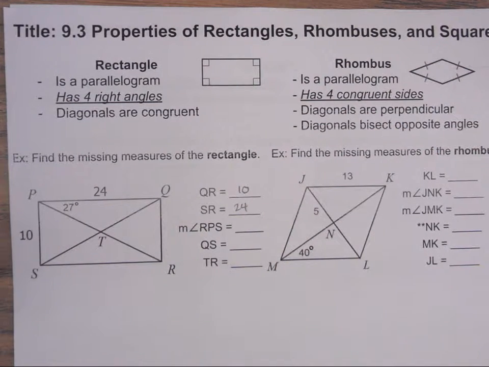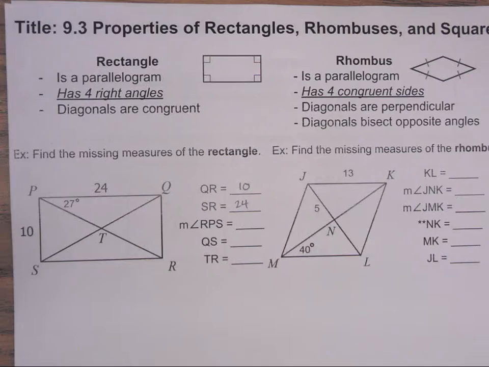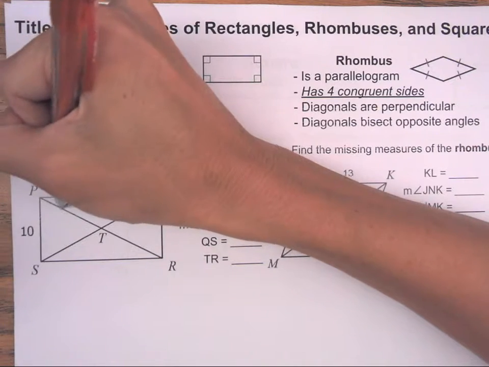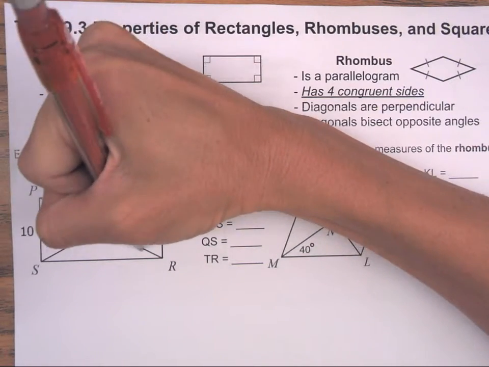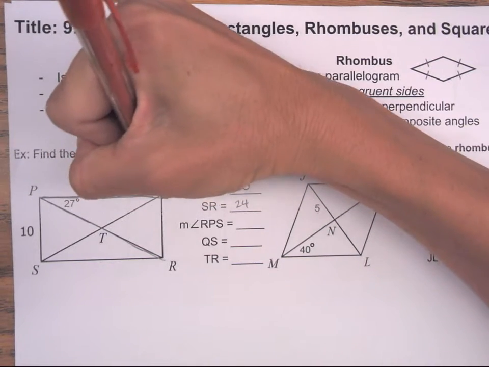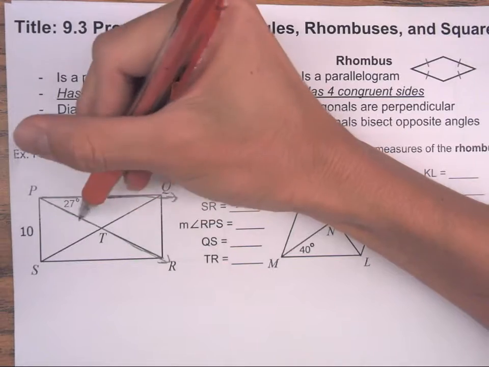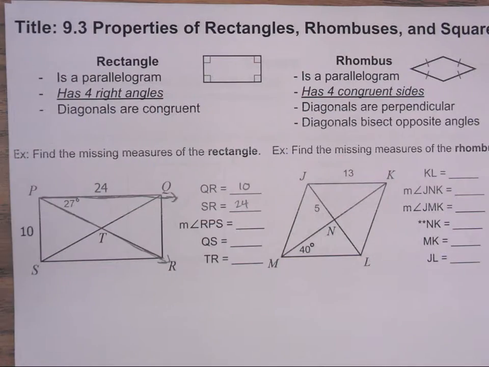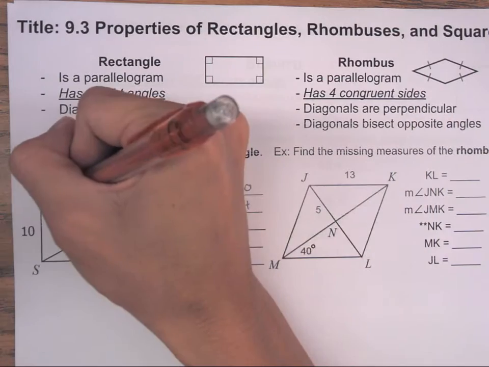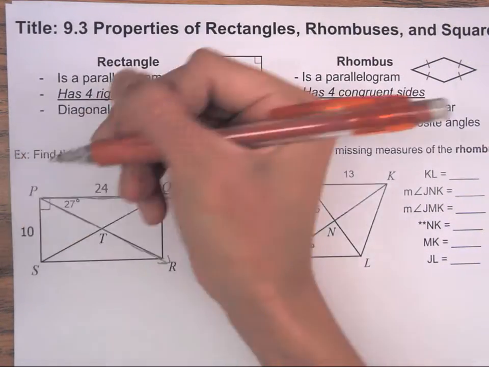Okay, this is where it started to get a little bit tricky though. You want to find the measure of RPS. What we know here is the measure of RPQ is 27. If we know that a rectangle has 4 right angles, one of the right angles is right here.